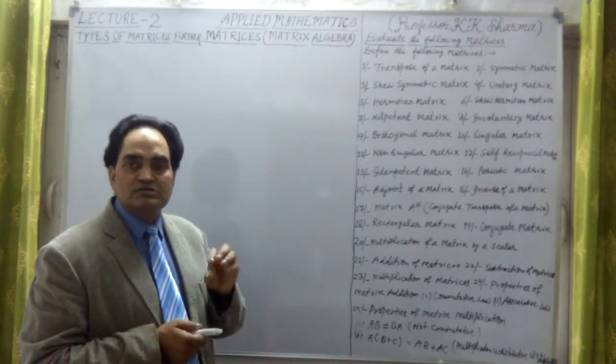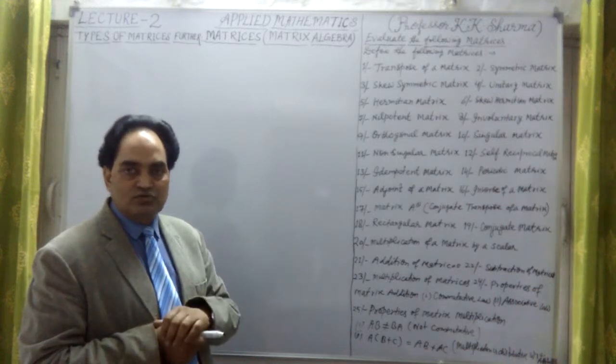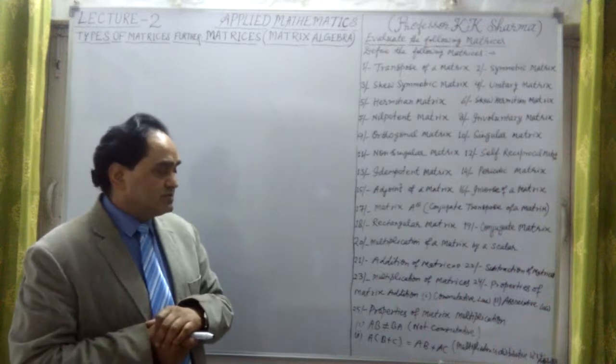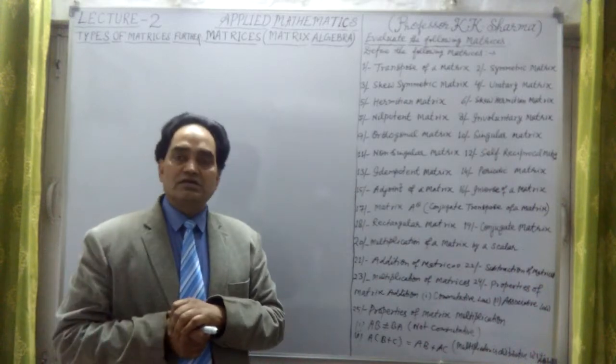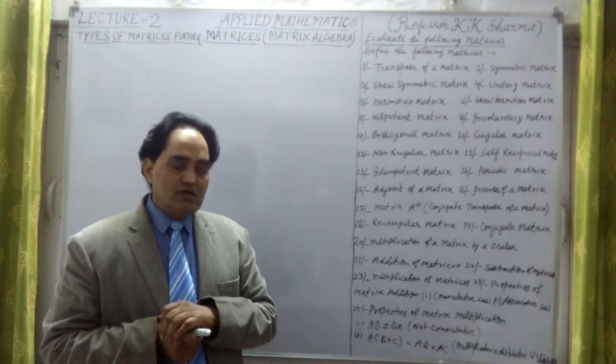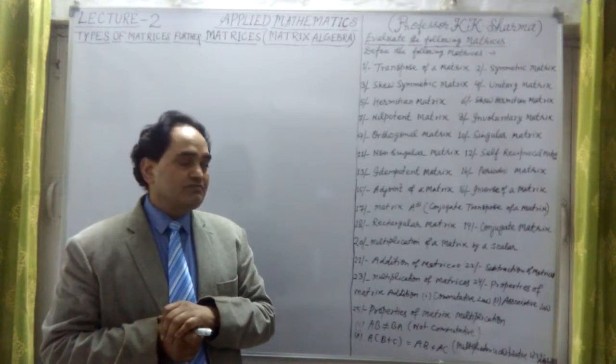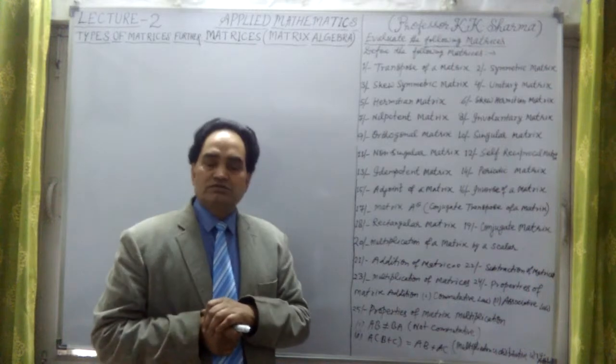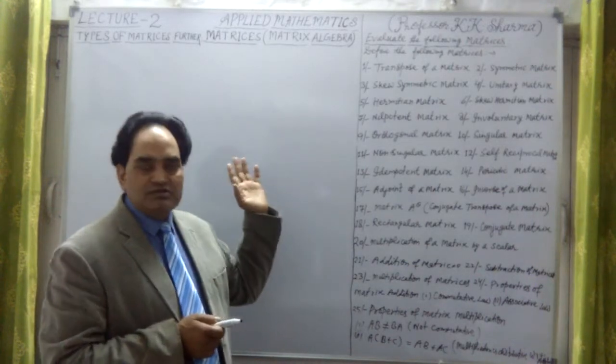This form is known as a matrix, where m and n are the number of rows and columns, as I defined in the previous lecture series.